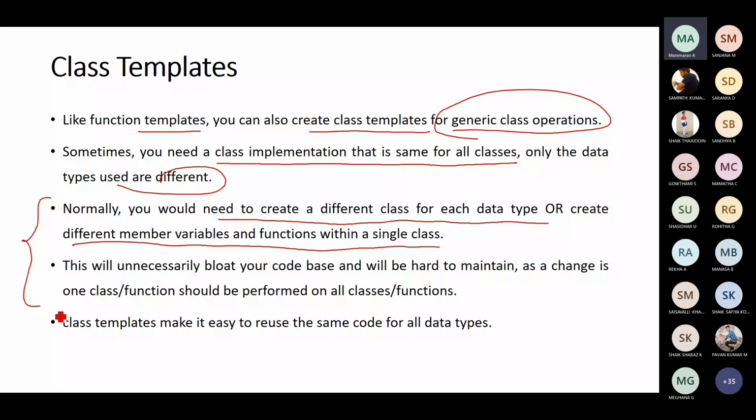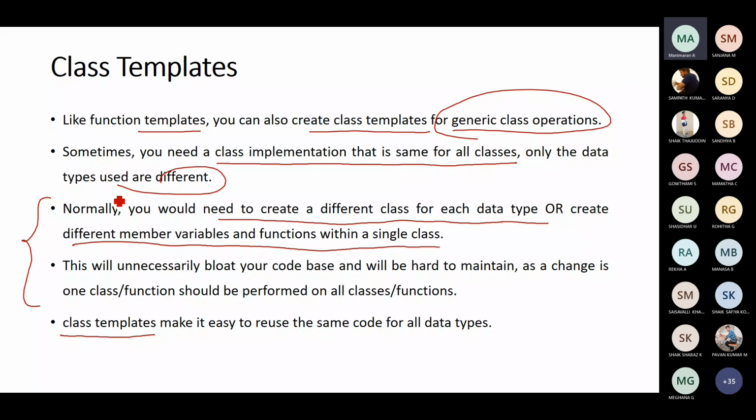In order to overcome these disadvantages, we have the concept called class template. It will make the program very easy. Definitely we can reuse the same class multiple times with the same code for all kinds of different data types. So one thing is, if you want to use a different data type, we have to create different classes, or else if you want to handle different data type values in a single class, then we have to create different member variables with different data types.